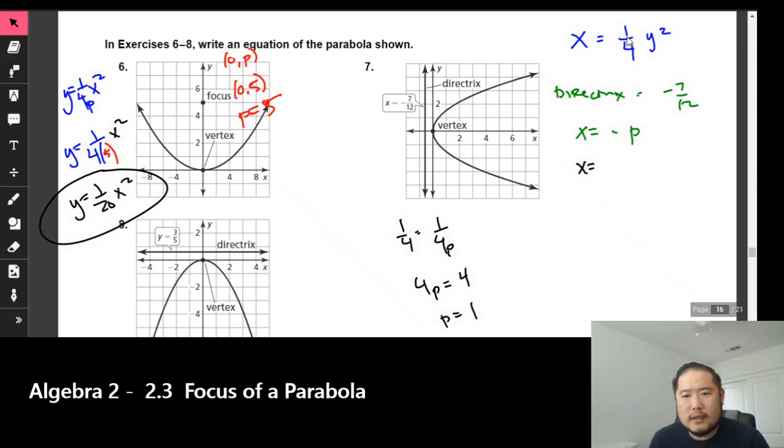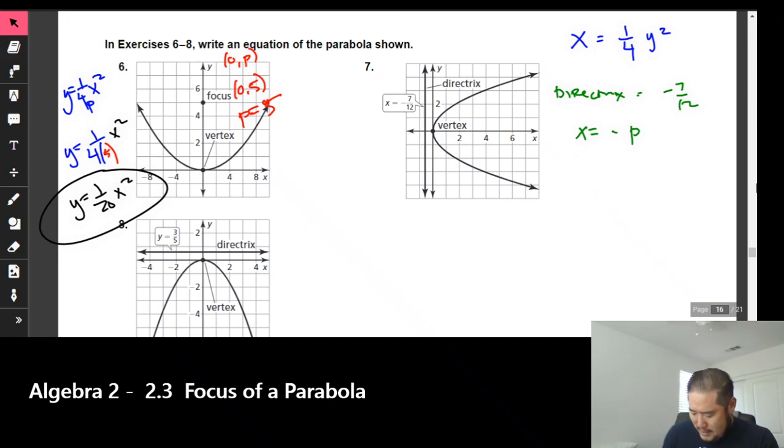Sorry, I'm going crazy. This part right here we can disregard because that's based off of the parent function. That's why they gave us a directrix. If I know right here, let's plug things in. The directrix is an equation of a line, and it's a lot easier than what I just did.